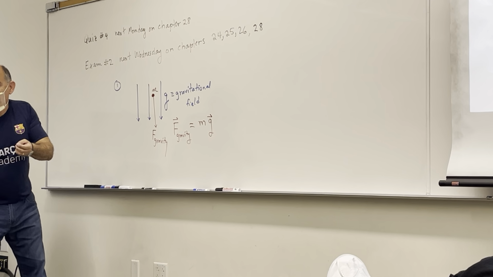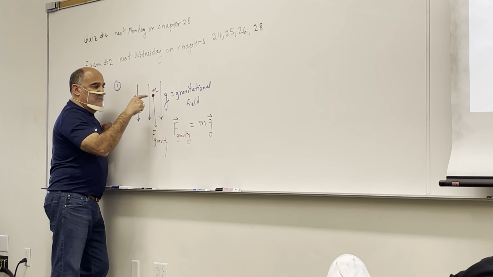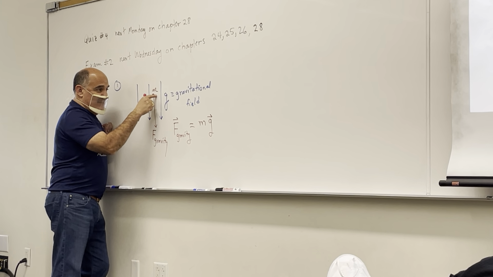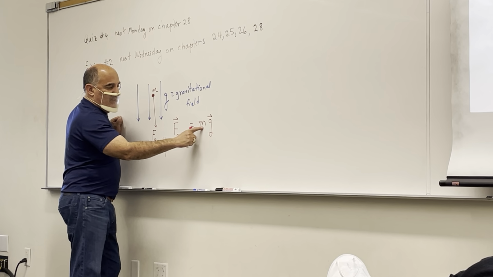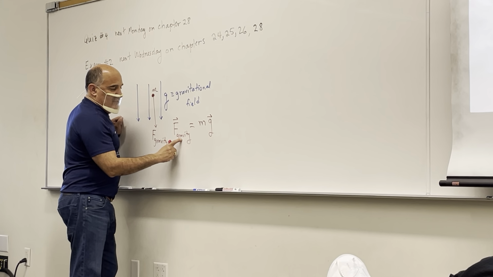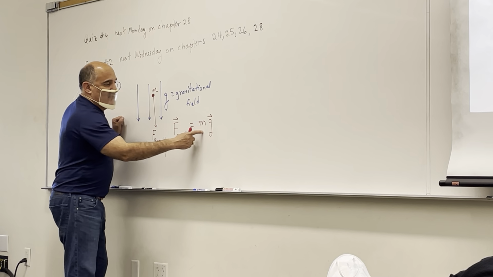Truly it's interacting with the Earth, but through the Earth's gravitational field, which exerts a force on the particle of mass m. Since mass is always a positive quantity, the gravitational force always points in the same direction as the gravitational field exerting that force on this object.